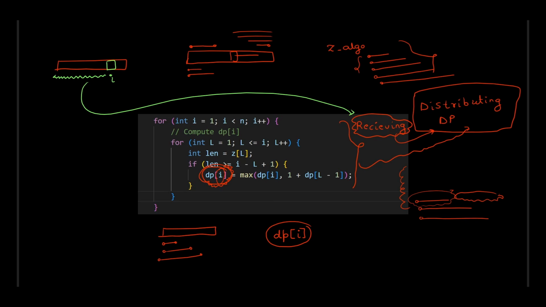But if I can instead focus on the other way around, that is, given a particular element x, how many subarrays will it contribute to, right? If it contributes to this DP value and this DP value and this DP value, whatever it contributes, we do the contribution then and there.